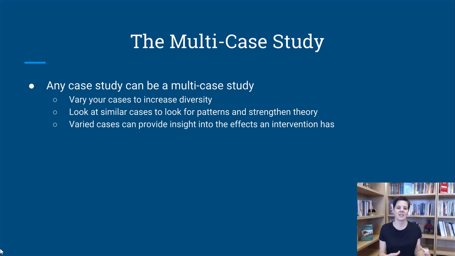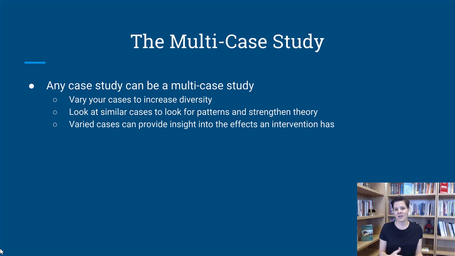You can look at similar cases to see how the experience that you're studying affects them. So in that example, how the instruction they were receiving did or did not help them, given that they all came in with similar abilities to speak and understand English. All right, that's going to help you identify patterns. You've got a commonality in place, and it's also going to help you strengthen the theoretical aspects that you're going to be able to contribute to with your findings.